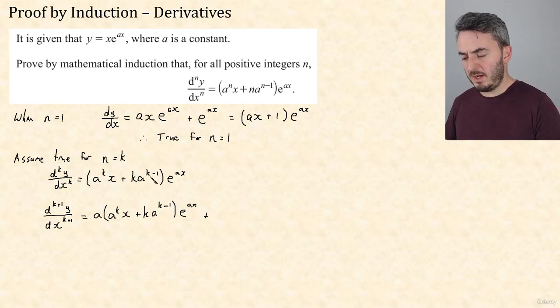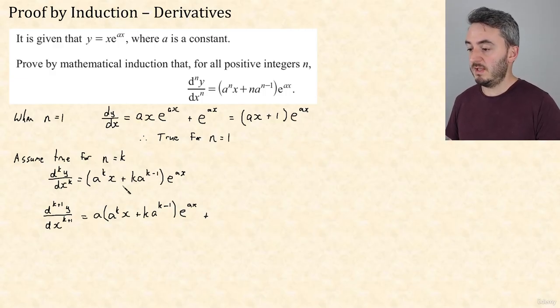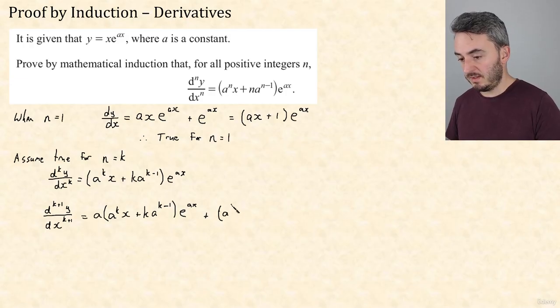Differentiating this, it looks like it's going to be hard, but this is just a linear term in x. It's some amount of x plus a constant, so that constant differentiates to 0, and this a to the k x just differentiates to a to the k. So there's my u dash, and then here's v, e to the ax.